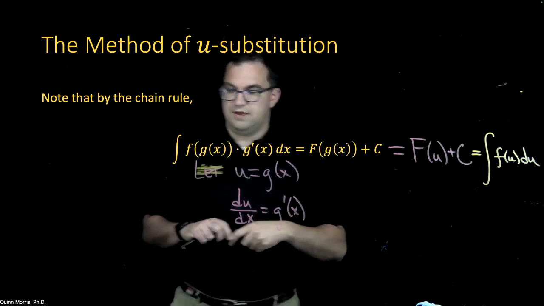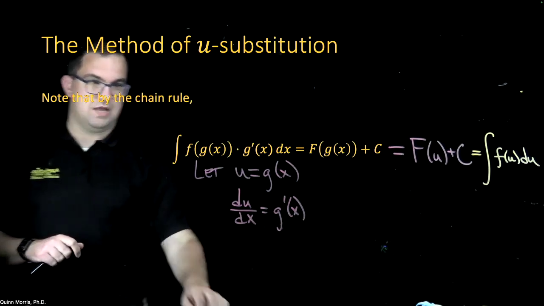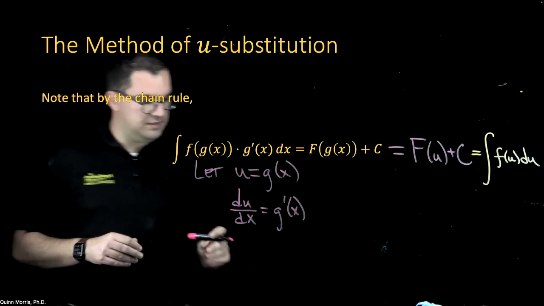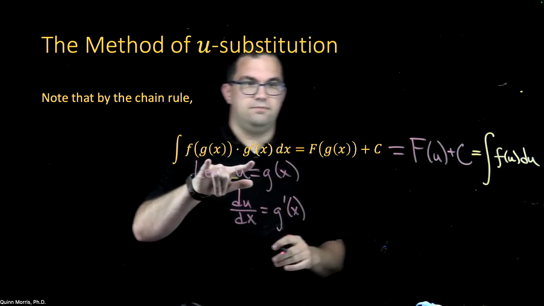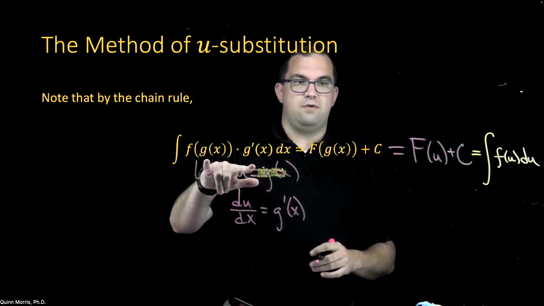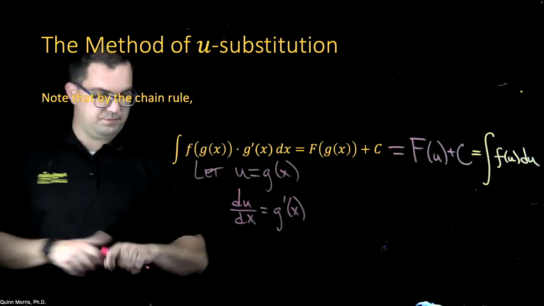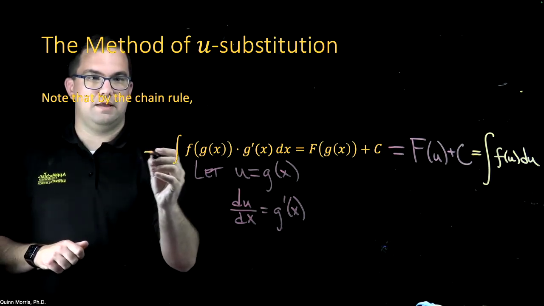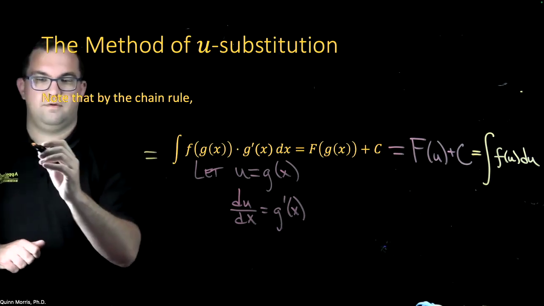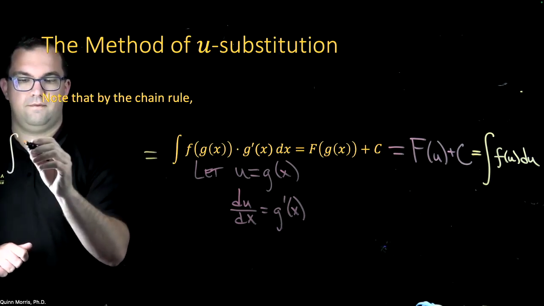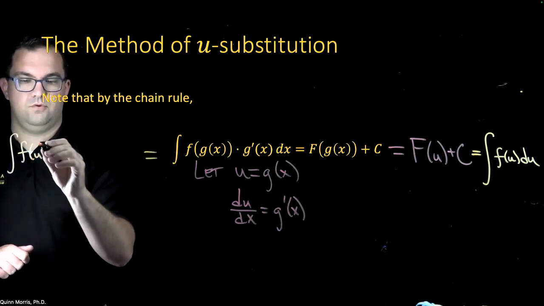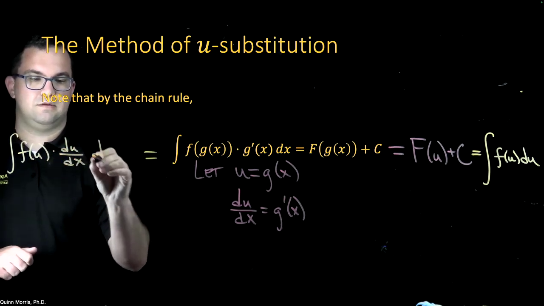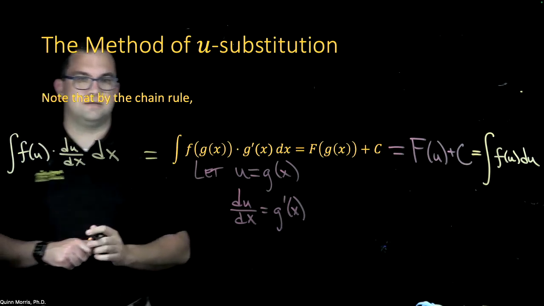Now, if I look at the left-hand side, I have this piece sitting right here. And if I were to just substitute in here, I would get over here the integral of f of u times du dx dx.